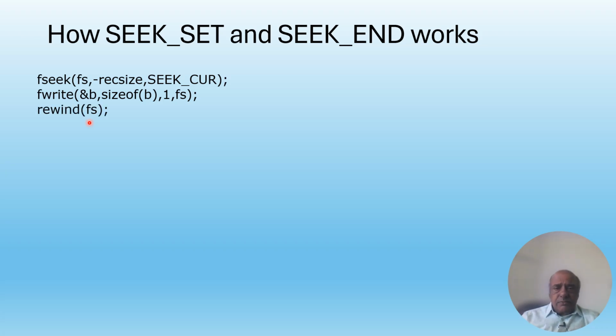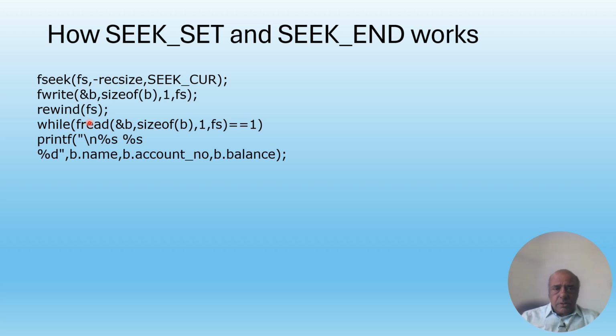Then we rewind the file again. We bring the pointer back to its 0 position, and again read the file from the beginning to check whether the data has been modified or not.